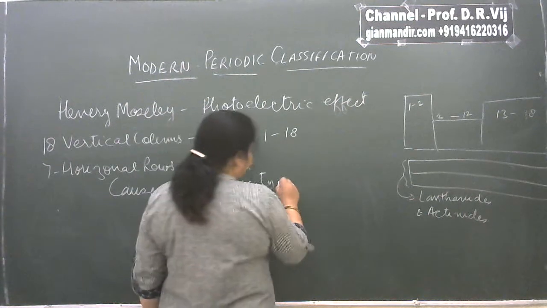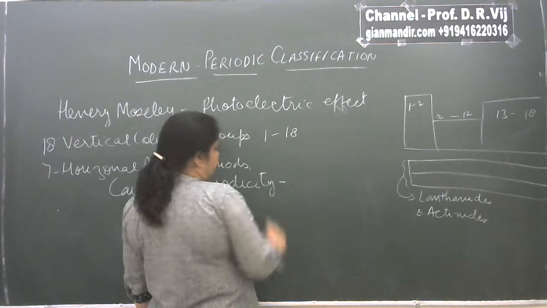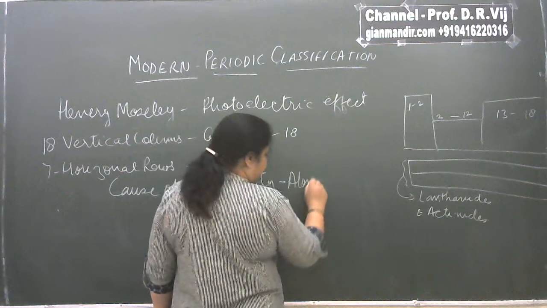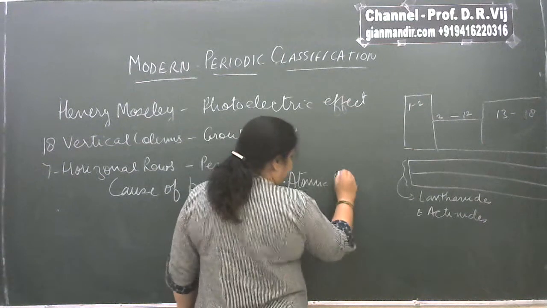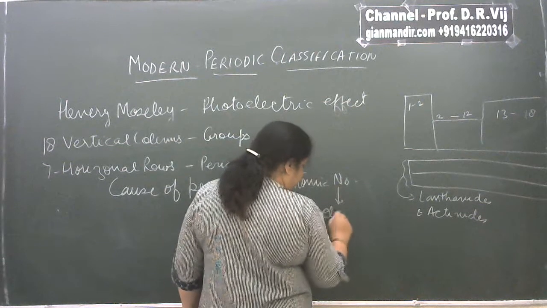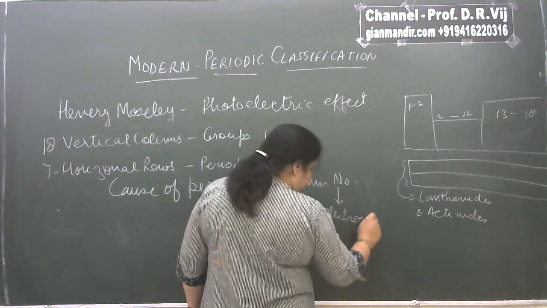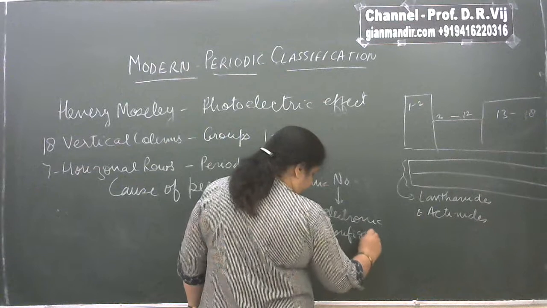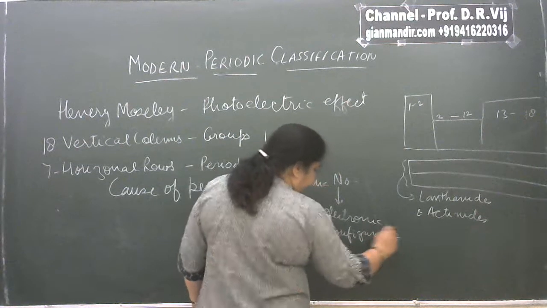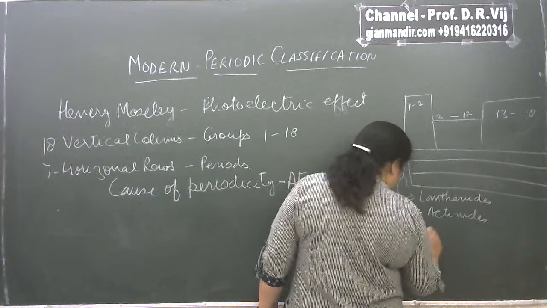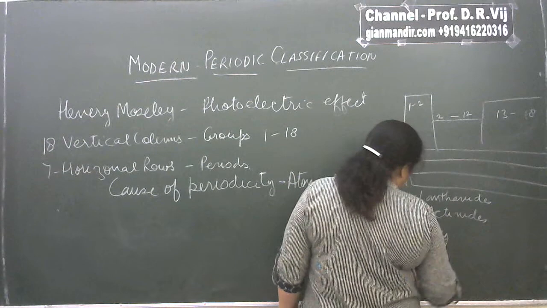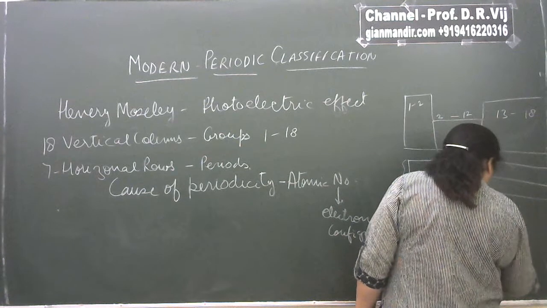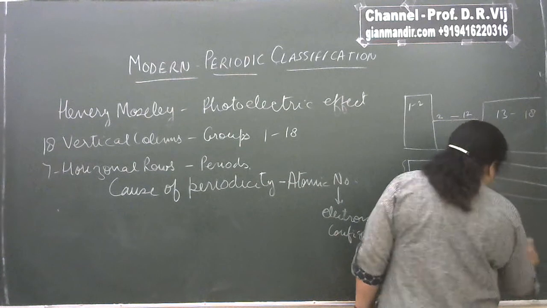As you know, the modern periodic table is based on atomic numbers. Atomic numbers decide the electronic configuration of elements, and these electronic configurations decide the valency of elements, and valencies decide the properties of elements.